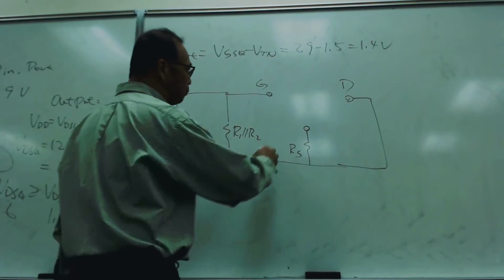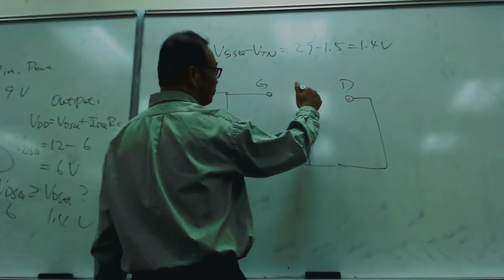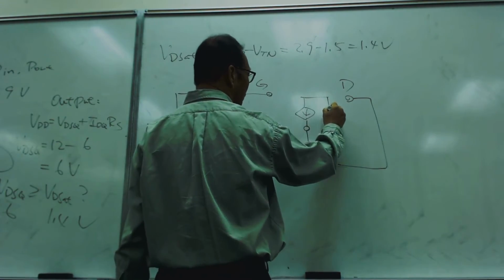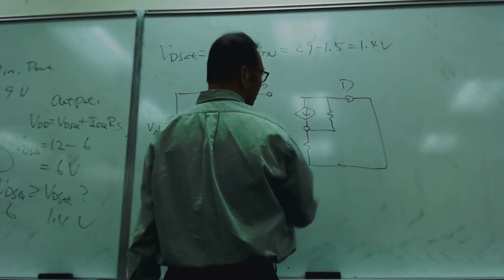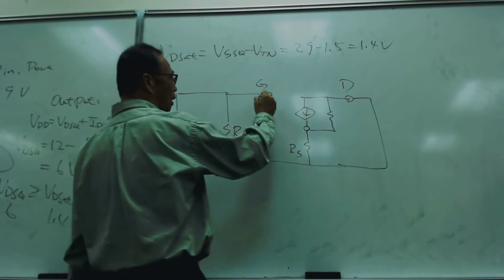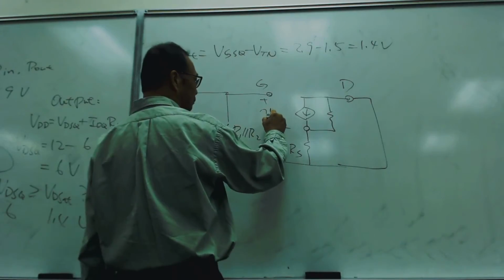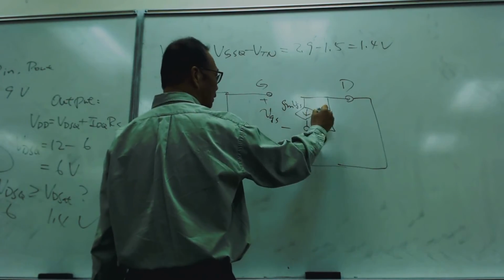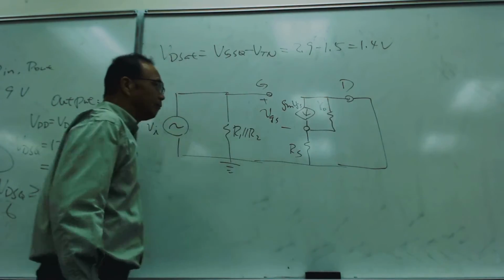Okay, now I'm going to fill in the model. Yes? This is VGS. This is GM VGS. That's R sub O, right?